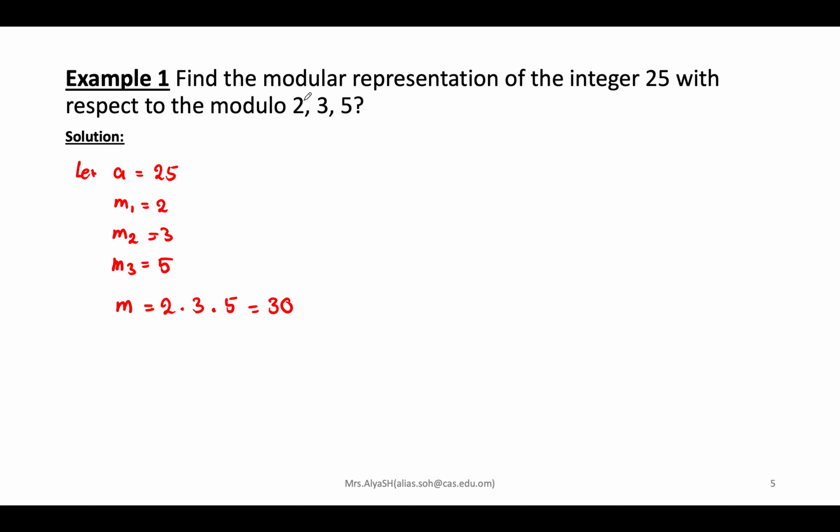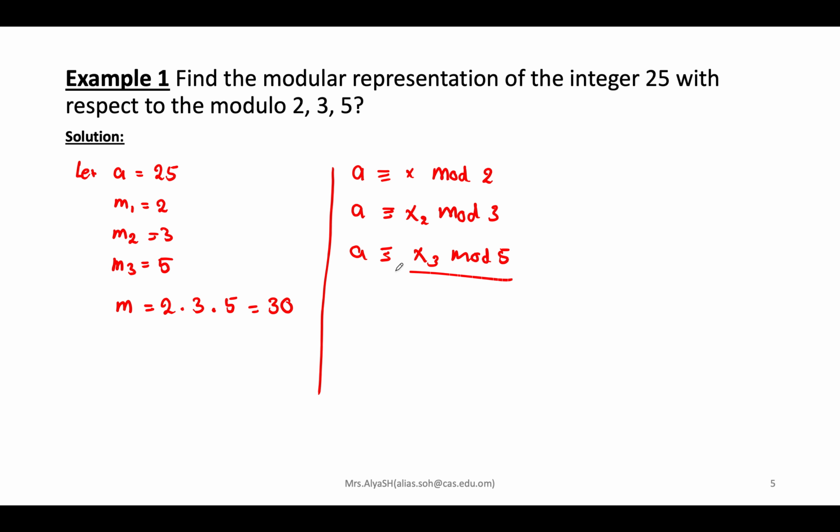To find the modular representation, I need to find a is congruent to x1 mod 2, a is congruent to x2 mod 3, and a is congruent to x3 mod 5. So let's substitute the variables here with the values that I have.